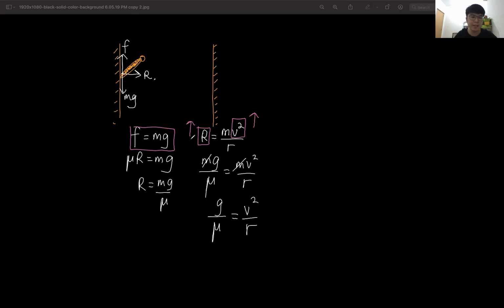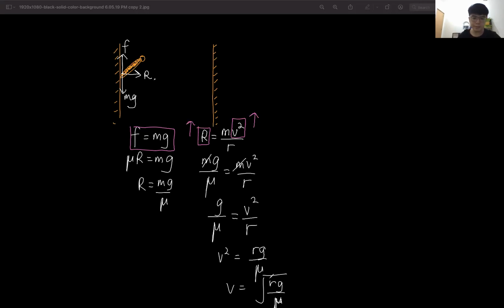You can actually calculate this. So from this formula here, I can calculate v squared equals rg over coefficient of friction. That gives me v equals square root of rg over coefficient of friction, like this.